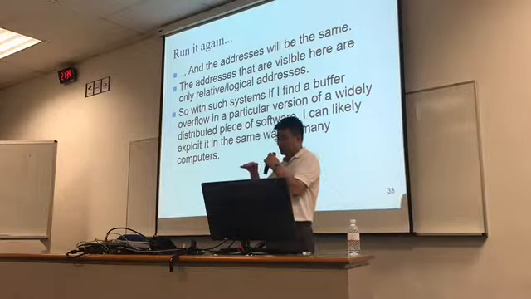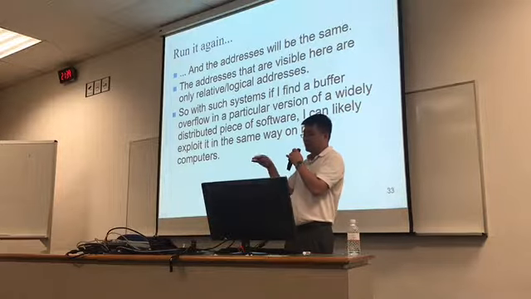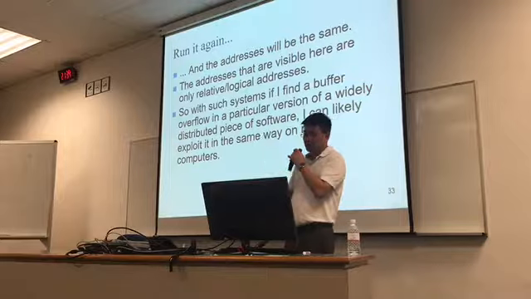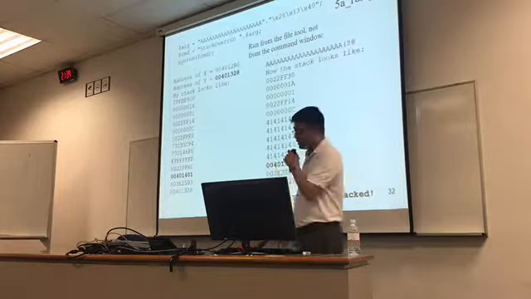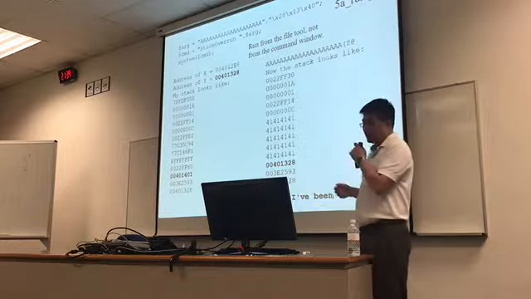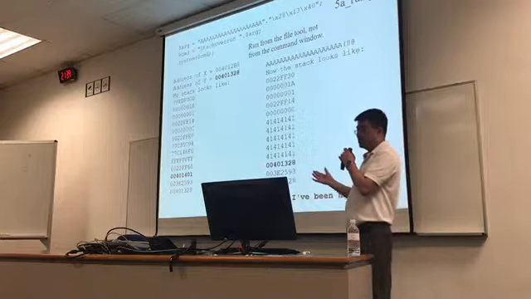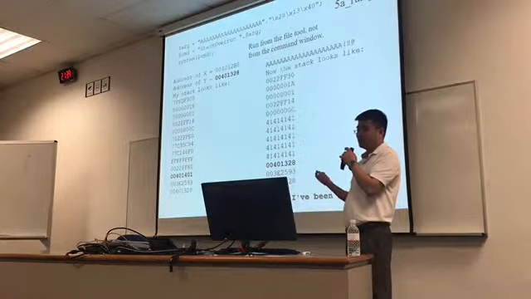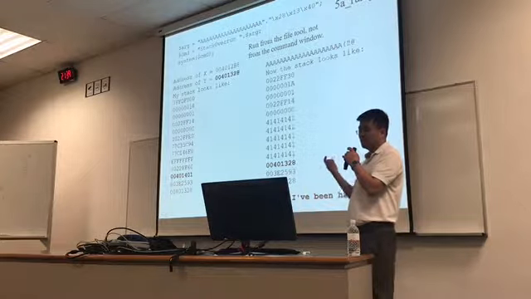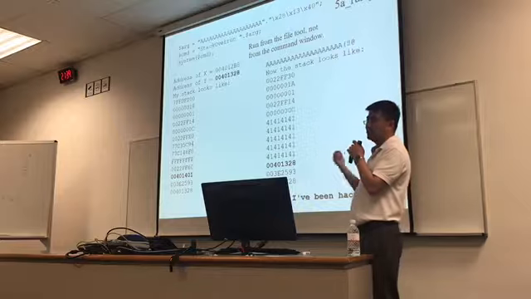But in the program, the addresses here are logical addresses, which means that on different machines the logical addresses are the same. Only the starting physical address will change. So even if you run the code on a different machine, this attack will still work.